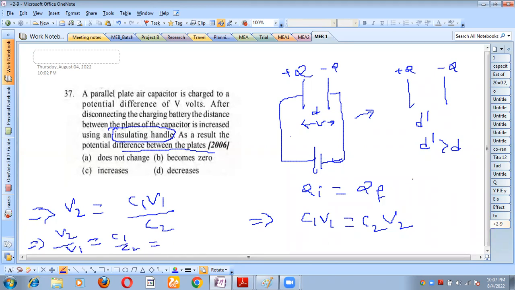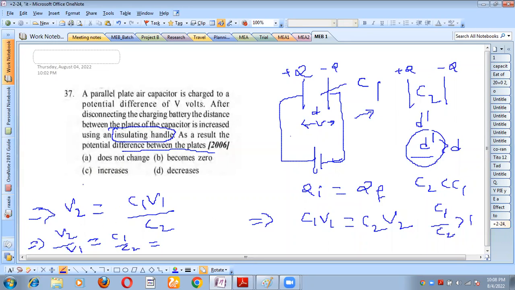And what will happen to capacitance? Distance increases, right? So it means C2 will be less than C1. Distance increases, capacitance will decrease. Suppose this capacitance is C2 and this is C1. So C1 by C2 will be greater than 1, since C2 is less than C1.